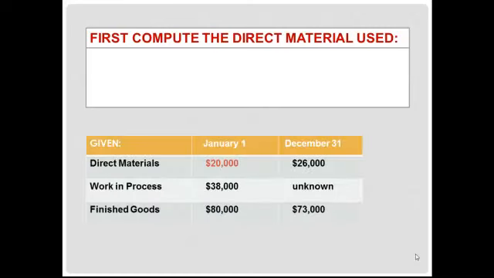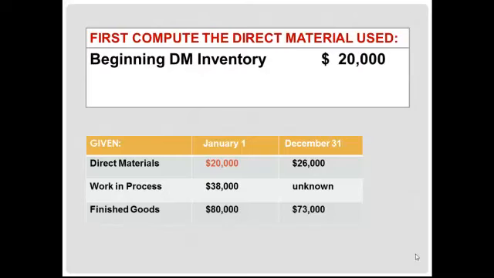First, we'll have to compute the direct material used, since what was given was the direct material purchased. To compute direct material used, you will begin with beginning direct material inventory, $20,000. I showed you there what was given in the problem.